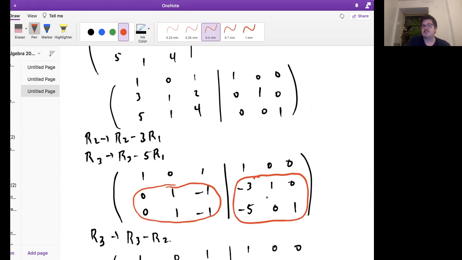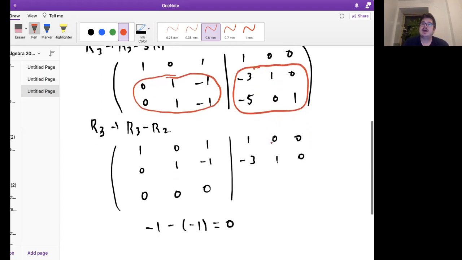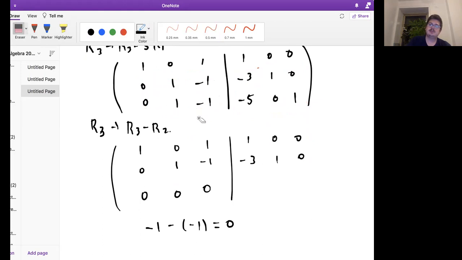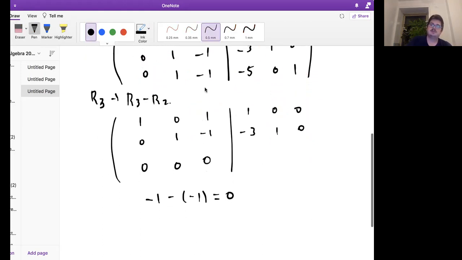Yeah, that's okay. Right, because you're doing the same row operation but to a different matrix, right? Yeah, so why does it imply that you can stop here? Right, we can stop.